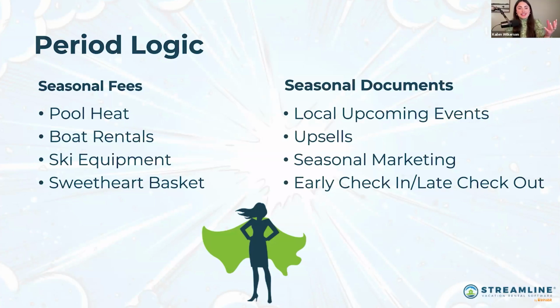In the taxes and fees area inside of your platform, if you go into tax and fee, there's a section that has the period logic. That is where you can identify your dates that you want to upsell to your guest. So again, it's a no-brainer. We're all about automation, and this is going to help you automate upsells to guests and also send out the documents inside of your templates.